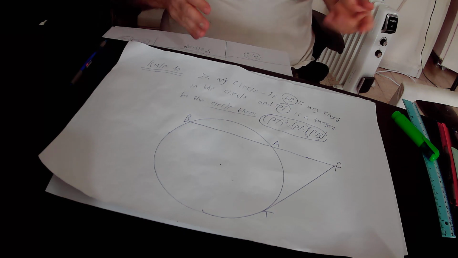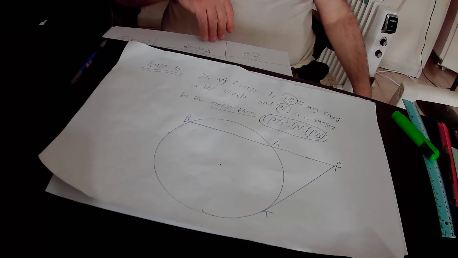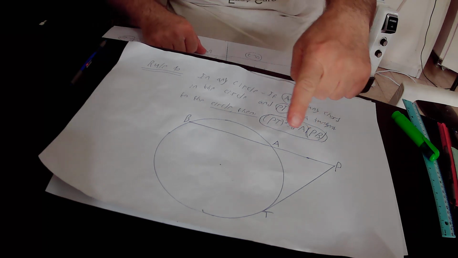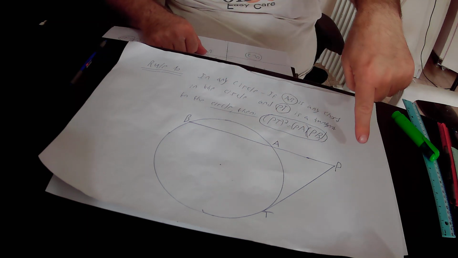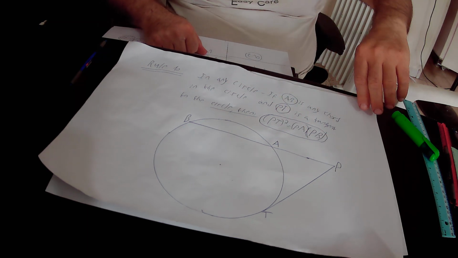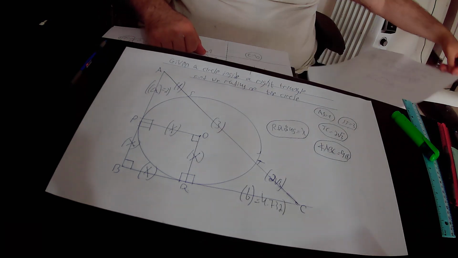So in this drawing, the following equation will be true: PT squared must be equal to PA times PB. We can actually implement rule 10 in our drawing. Why?